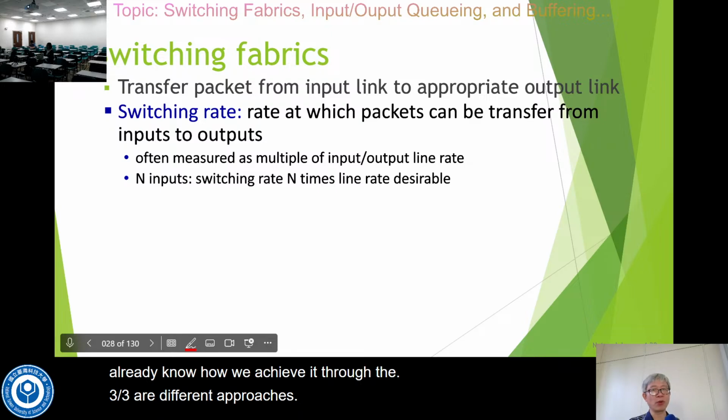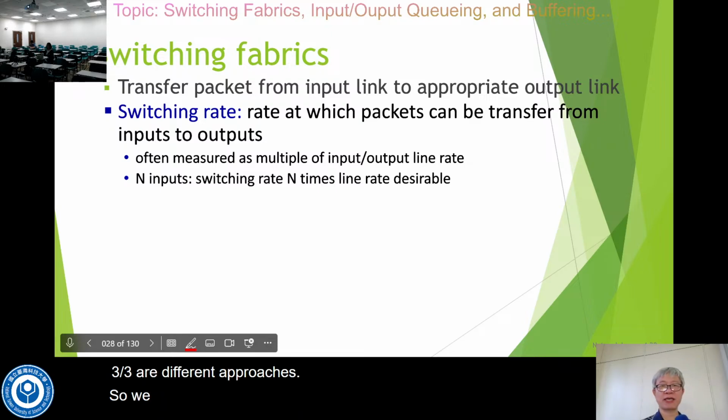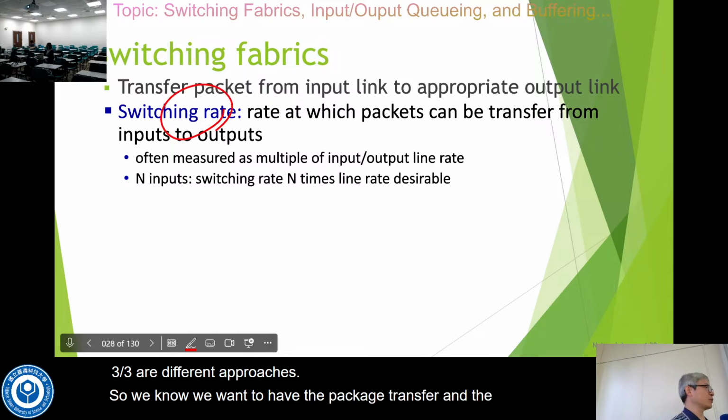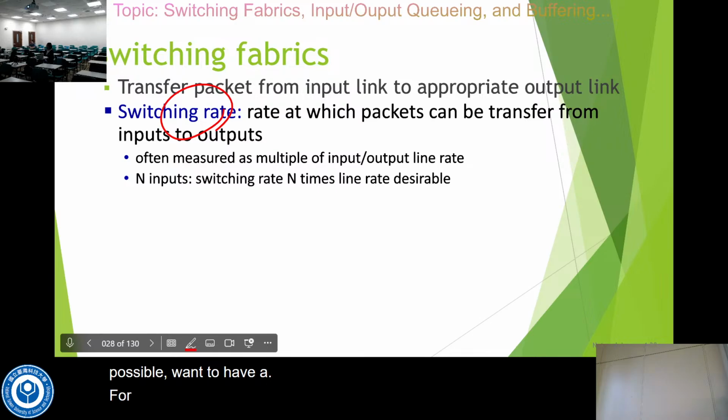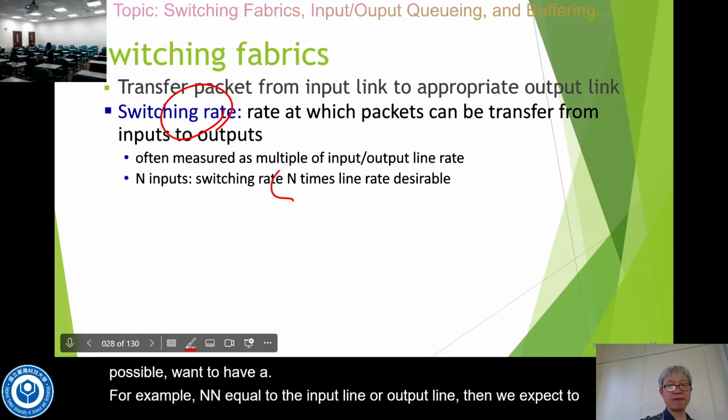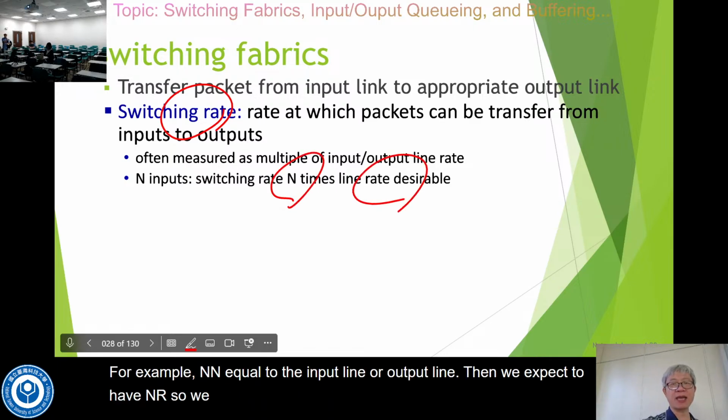We want to have the packet transfer and the switching rate, if possible, for example, n equal to the input lines or output lines. Then we expect to have nR, so n multiplied by the line rate.